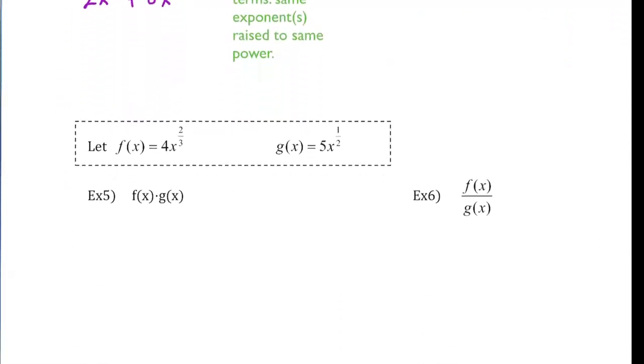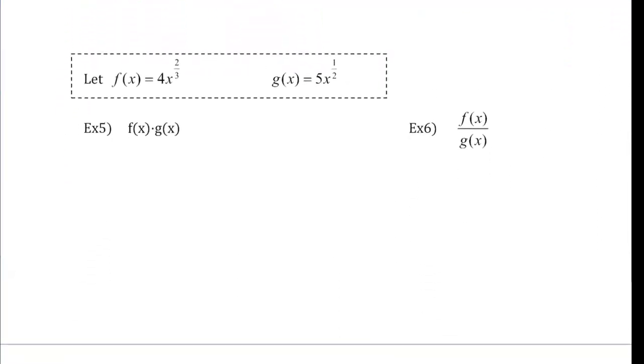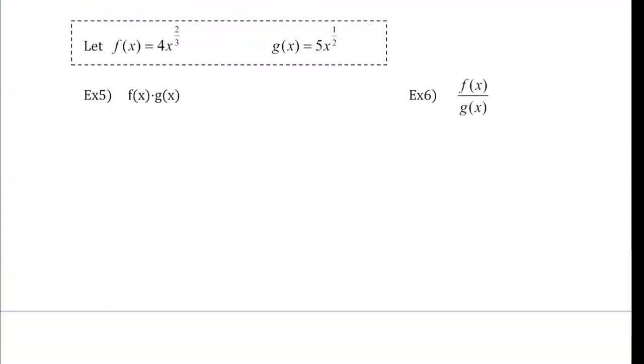Moving on. Now let's do some multiplying and dividing with functions that have these rational exponents. So let's see, I have f of x here. That is 4x to the 2/3, and I'm going to multiply that to g of x, 5x to the 1/2. So let's go over what our rules are here.